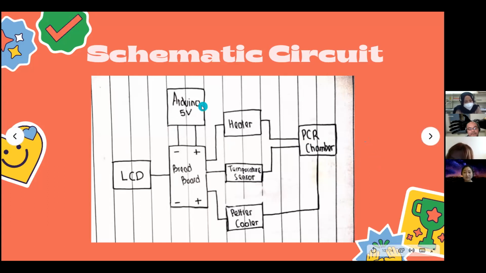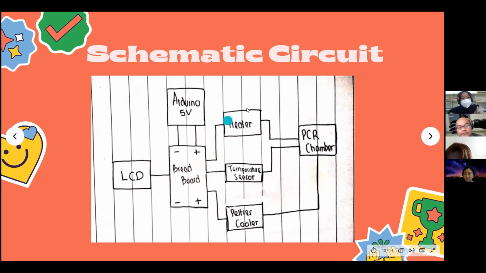As you can see here, we have an Arduino with 5 volts that we chose. We connected this Arduino to a breadboard. Then we also connected an LCD monitor to the breadboard as well, so that we can monitor the temperature when we are starting the system.